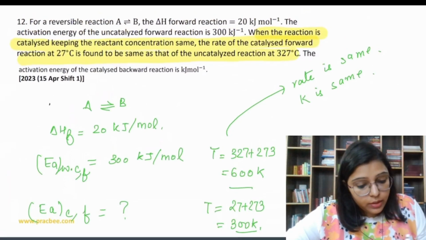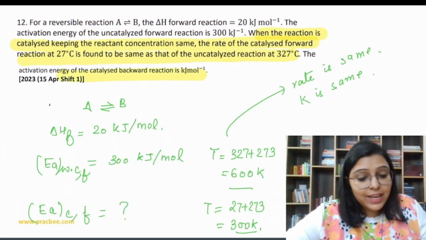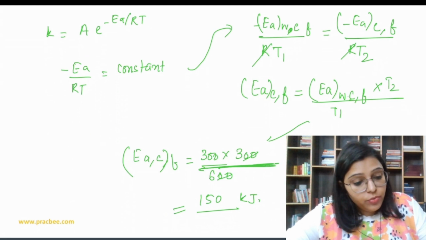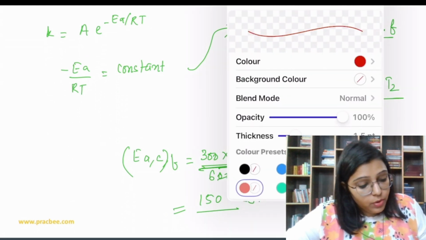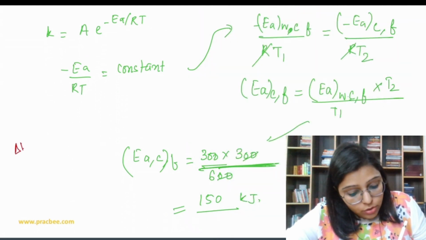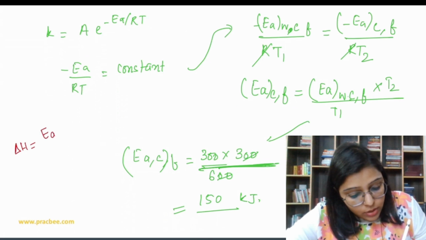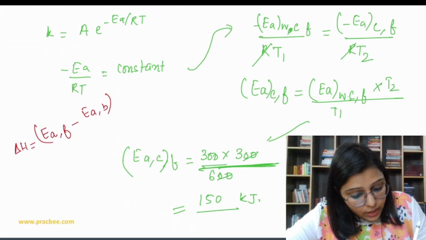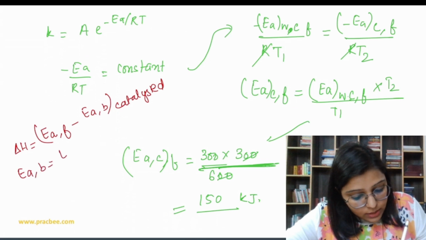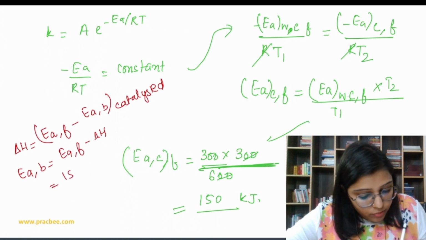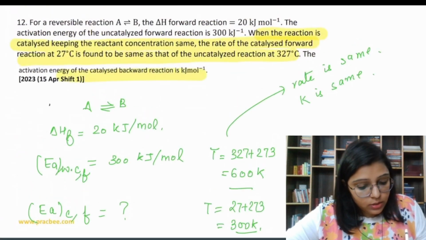Now in the question, what do we need to find out? We need to find out activation energy of catalyzed backward reaction. So for that, we are going to take help from the delta H. So delta H is activation energy for forward reaction minus activation energy for backward reaction, but that is for catalyzed. So we have to find out EAB. So EAB is EAF minus delta H. So EAF is 150 and delta H value is 20.